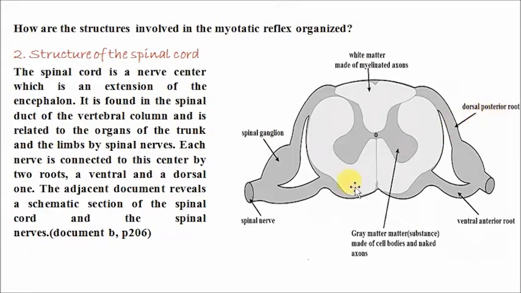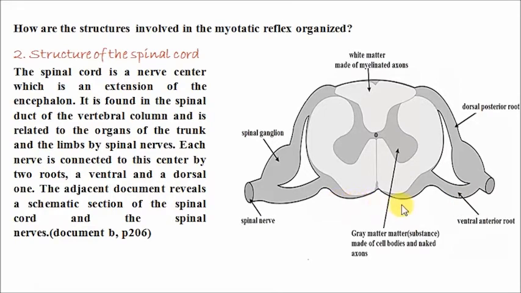As you would observe here, we have the name. So now you know that the spinal nerve is going to divide into two roots, which are the ventral anterior root and the dorsal posterior root. And we have a pair of spinal nerves, each on one side. One spinal nerve here, another spinal nerve here.